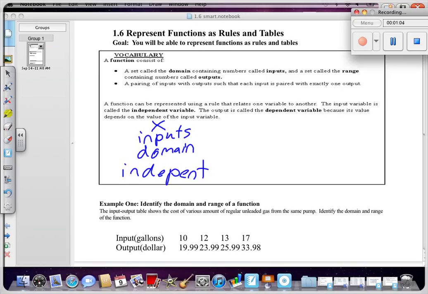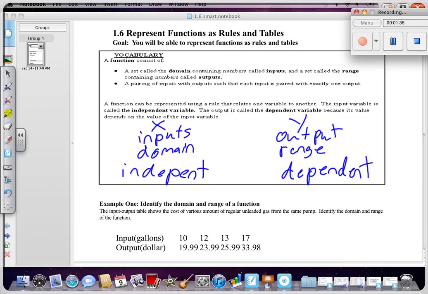I'm talking about the x, the input, the domain, the independent, whenever I say one of those. When I'm talking about the y value, I'm talking about the output, the range, and it is dependent. So I'm going to use those words interchangeably.